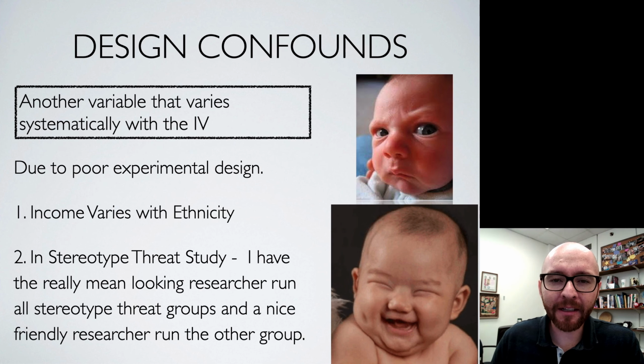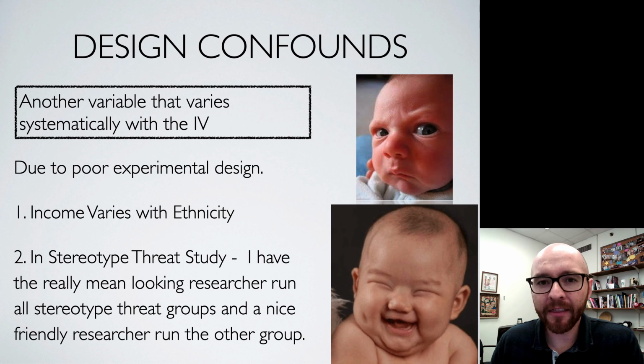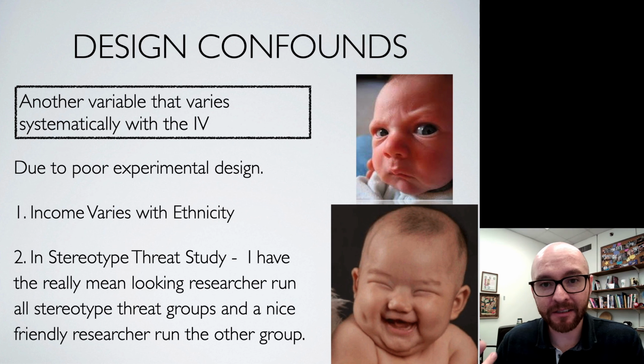And they're running everybody in the stereotype threat condition. Then you have just a very happy, very positive, very welcoming researcher running everybody in the control group. Now I find that everybody in the stereotype threat group that had the mean-looking researcher scored lower, and everybody in the control group with a positive, happy-go-lucky researcher did better.